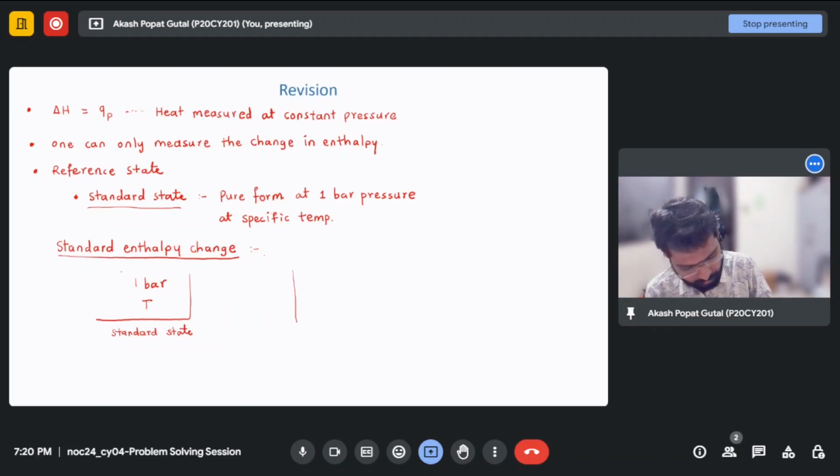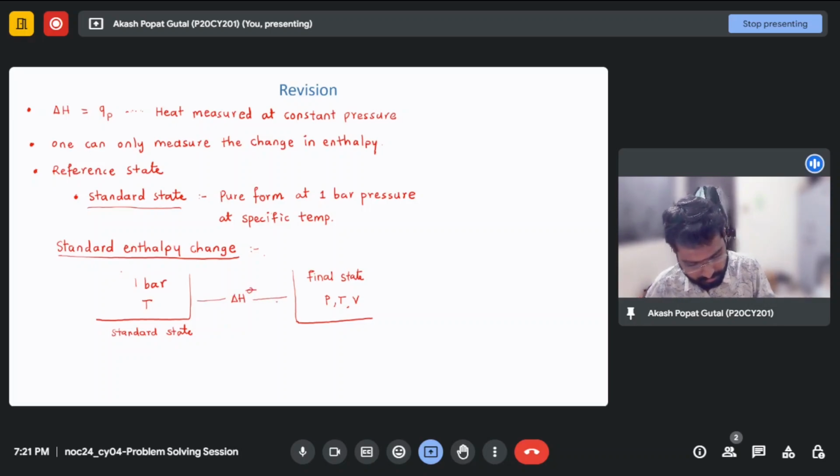And at the final state, at the same 1 bar pressure, or whatever the state variables P, T, V, this change we can say as standard enthalpy change.